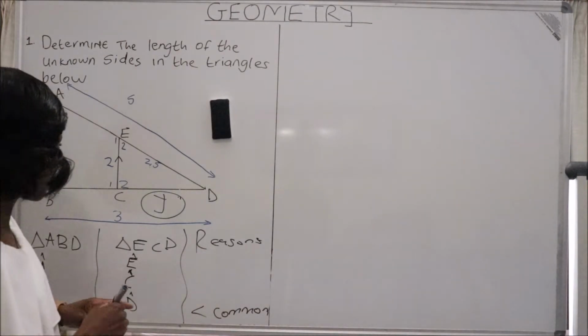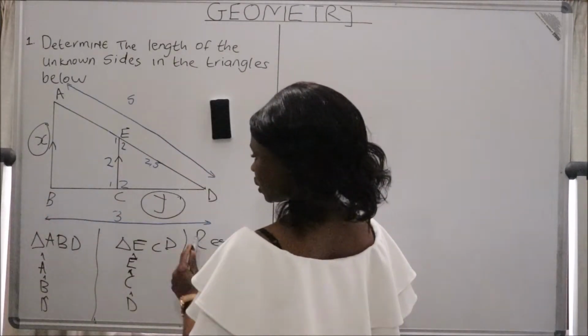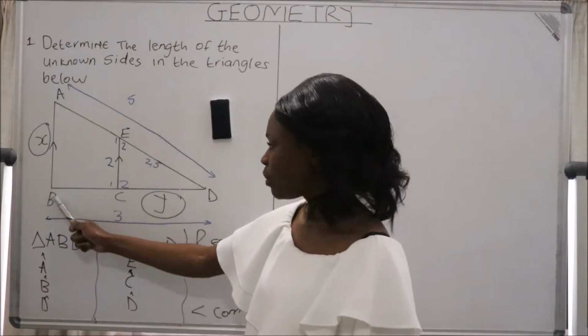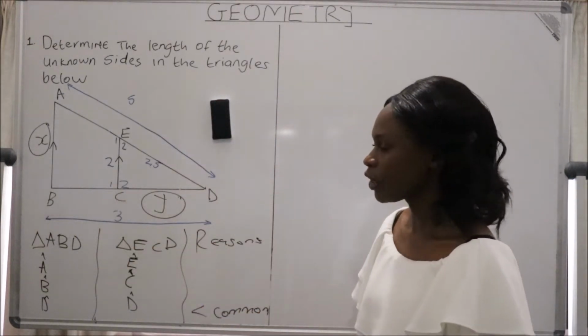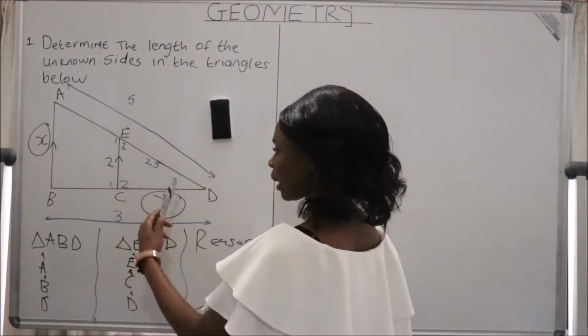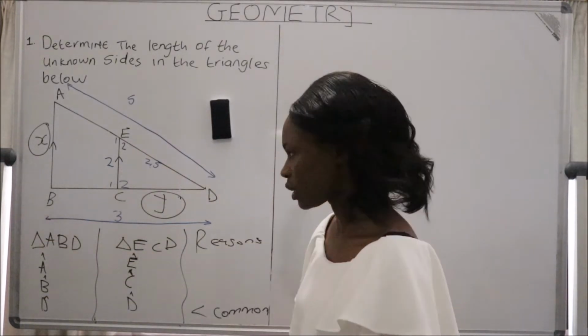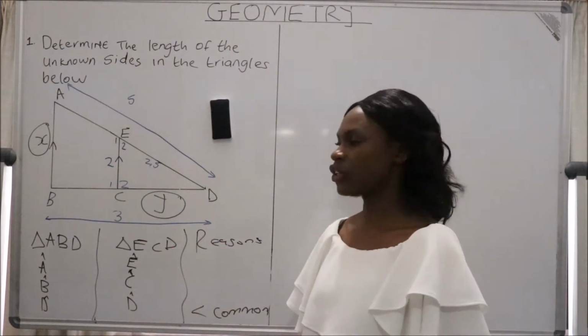Moving on, let's prove the angles of C and B. As you can see, we don't have proof that this is a right-angled triangle, because we do not have the small box that they normally show for 90 degrees.